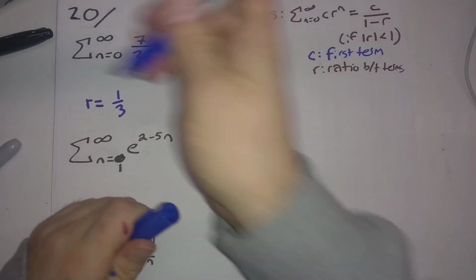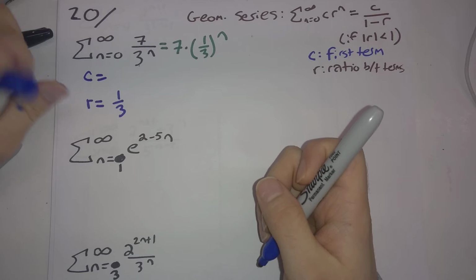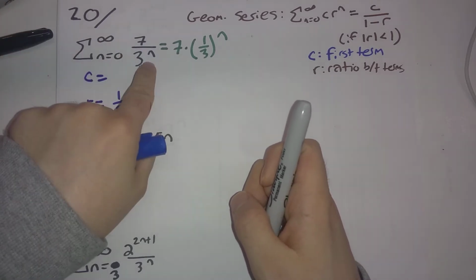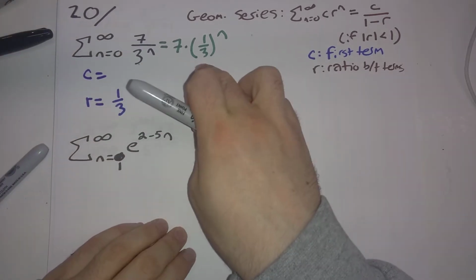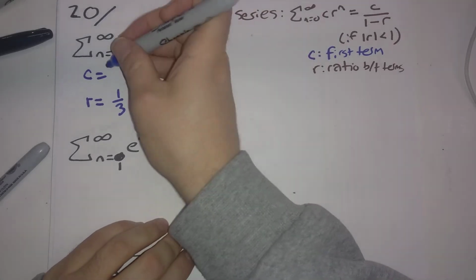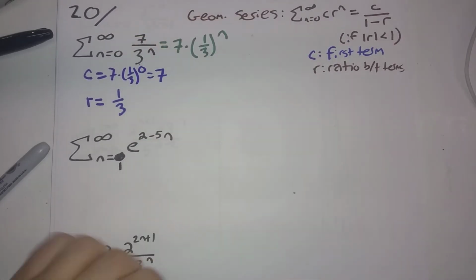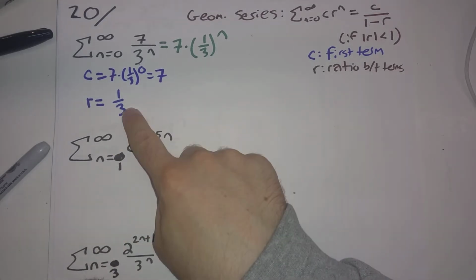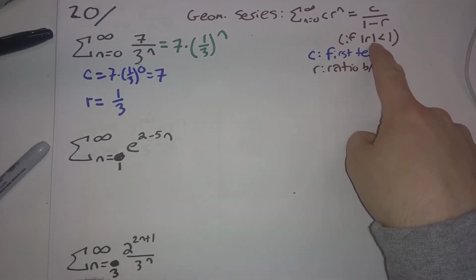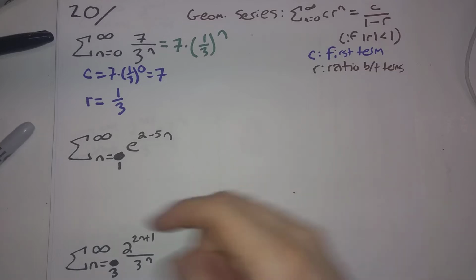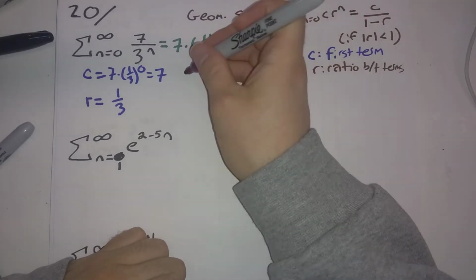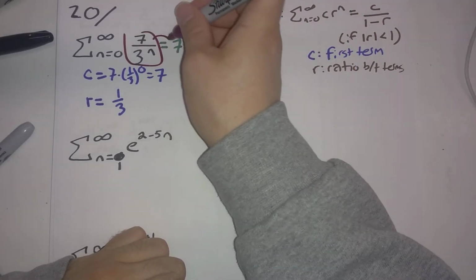What is the first term? What is c? When we plug in n equal to 0 here, we get 7 times 1/3 to the 0, which is just 7. So c is 7, r is 1/3, and r is less than 1 in absolute value.